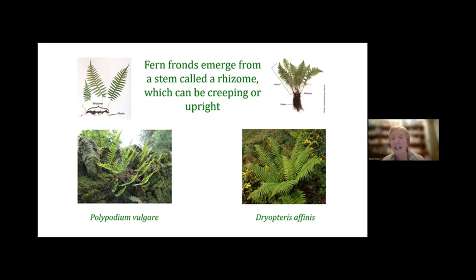For this, it can be the typical shuttlecock ferns, like this Dryopteris, this scaly male fern here. But this upright rhizome can also be branched, and sometimes it's quite broad and it makes a sort of tuft of fronds. So looking at the growth form is quite important.